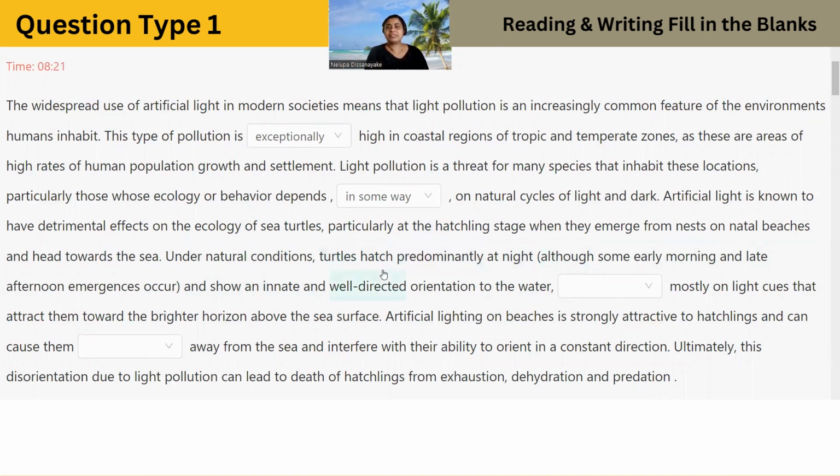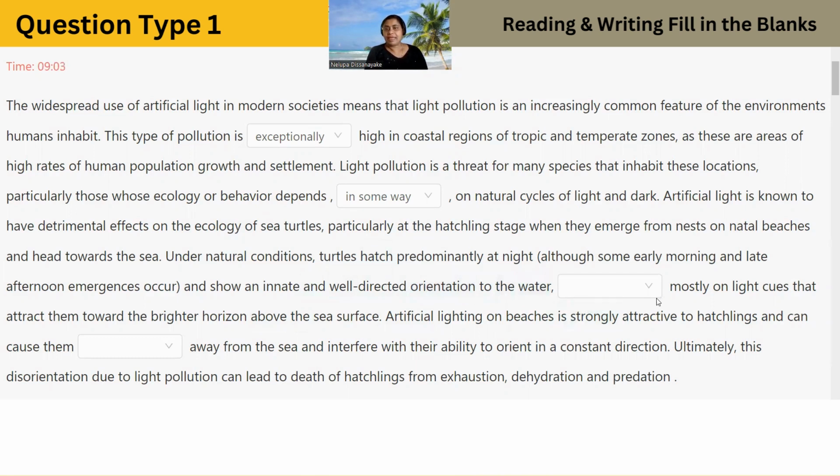So it says turtles hatch predominantly at night, and show an innate and well-directed orientation to the water. Innate orientation means a naturally inborn orientation that these turtles always have towards the water.